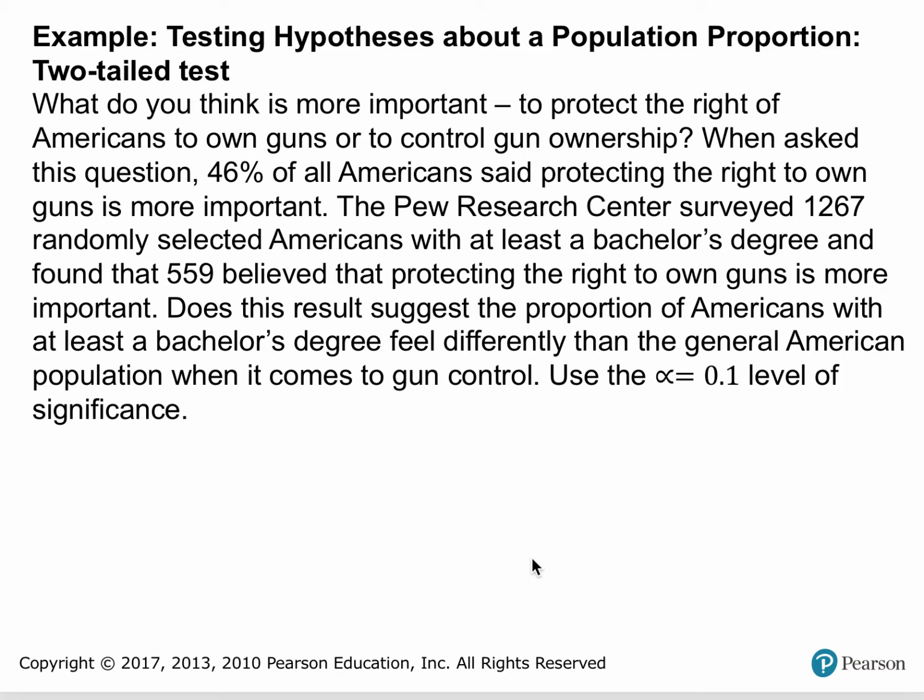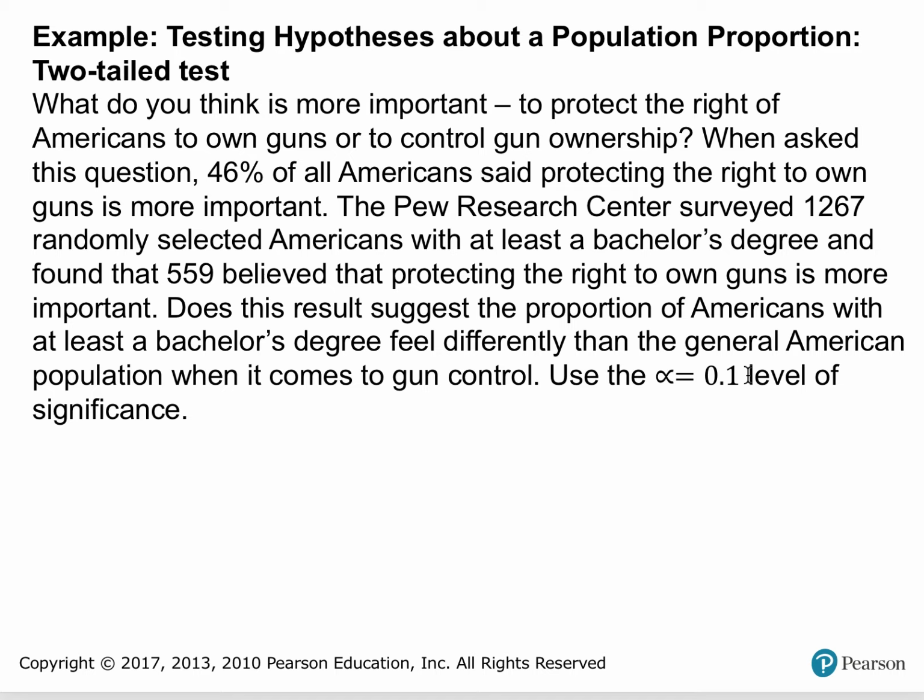The Pew Research Center surveyed 1,267 randomly selected Americans with at least a bachelor's degree and found that 559 believed that protecting the right to own guns is more important. Does this result suggest the proportion of Americans with at least a bachelor's degree feel differently than the general American population when it comes to gun control?